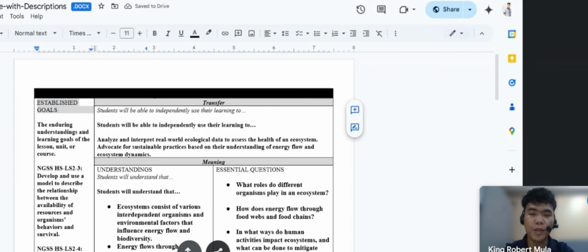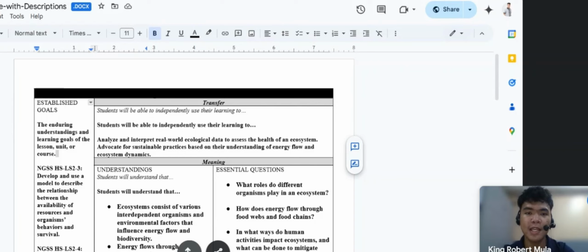In this section, we define our learning objectives grounded in the relevant educational standards. For this biology unit, we referenced the Next Generation Science Standards that emphasize understanding relationships in ecosystems and how various factors affect biodiversity and population.